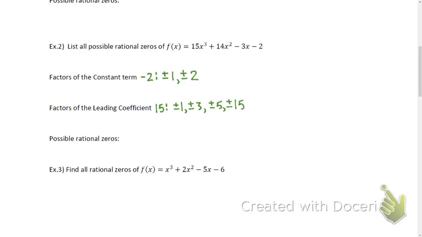So some people can just do this all in their head and just list them all, but you risk missing one. So what we're about to do is we're about to take all the factors of the constant and divide by all the factors of the lead.